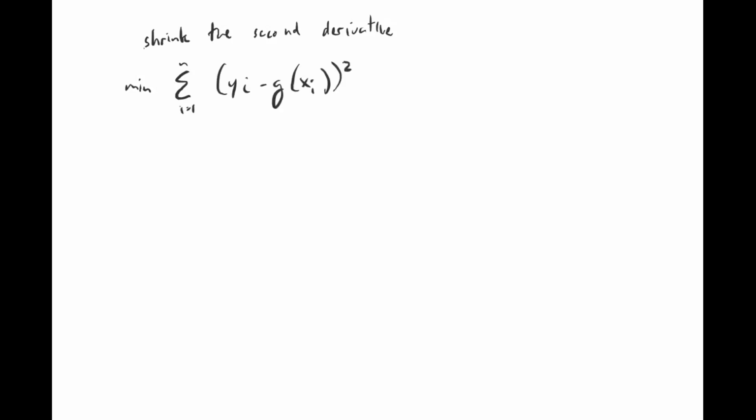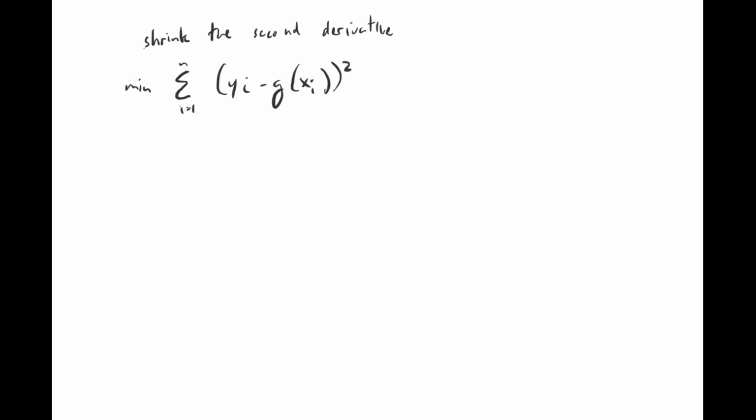So the way they do this is shrink the second derivative. So we're going to have our term here, i equals 1 to n of yi minus g of xi squared, which is what we had before about the RSS.